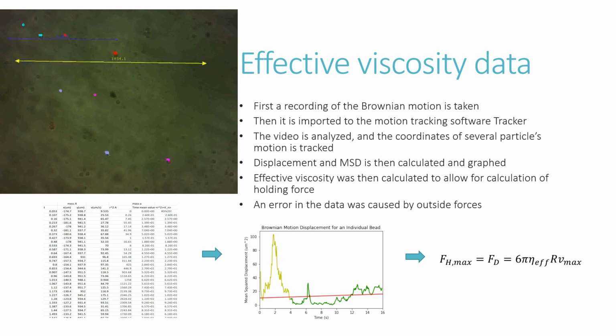Then we could calculate the displacement and then mean square displacement of each particle, take the average of all those, and then graph that, which you see in the graph at the very bottom middle. This allowed us to get that m value that we were speaking about before, to understand that slope, which then we can calculate the effective viscosity of the fluid.